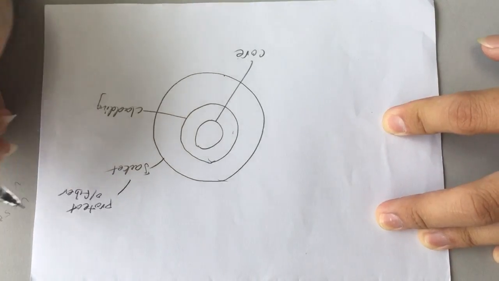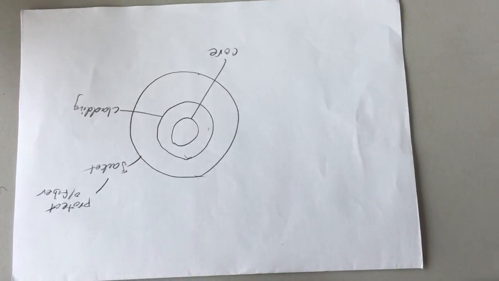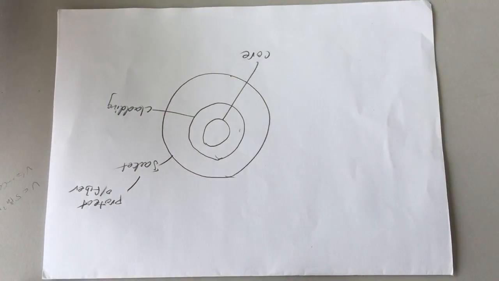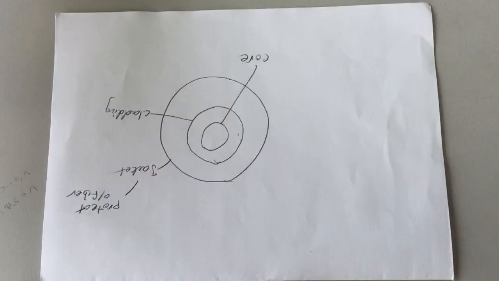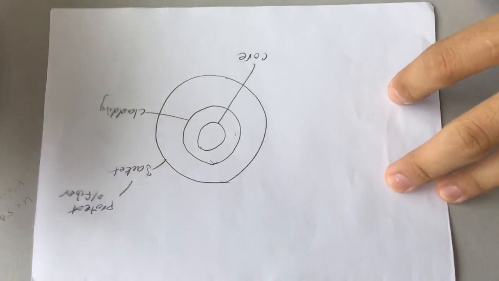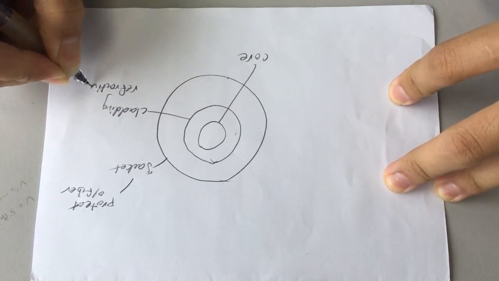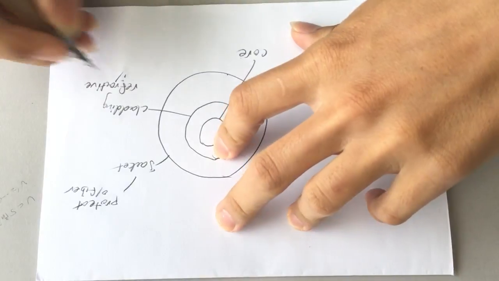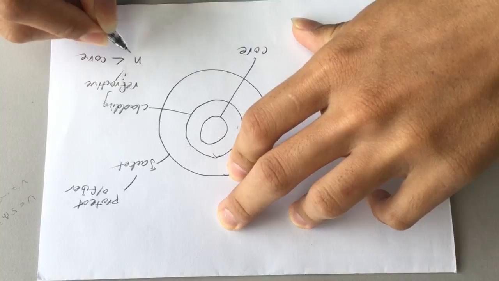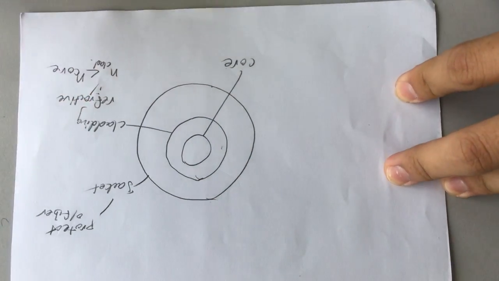And then the cladding. We can say that the main function of the cladding is to ensure that the light is able to transmit throughout the optical fiber. From the theory view, the refractive index of the cladding must be lower than the refractive index of the core.